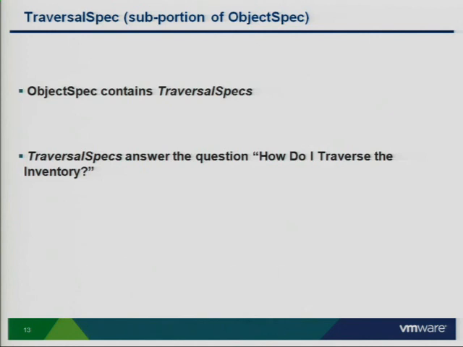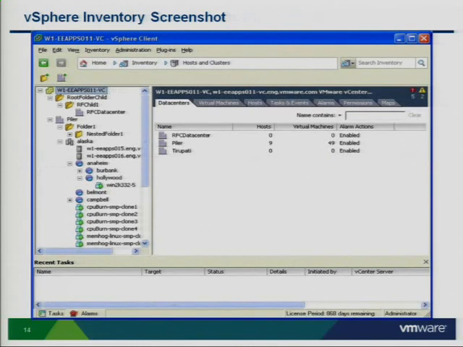As I said, the traversal spec name is pretty intuitive. Traversal means you're going from one location to another. So here is what a simple inventory looks like. This is actually our lab setup, where this is the VC. Every VC has a top-level object called root folder, which is not visible in this.